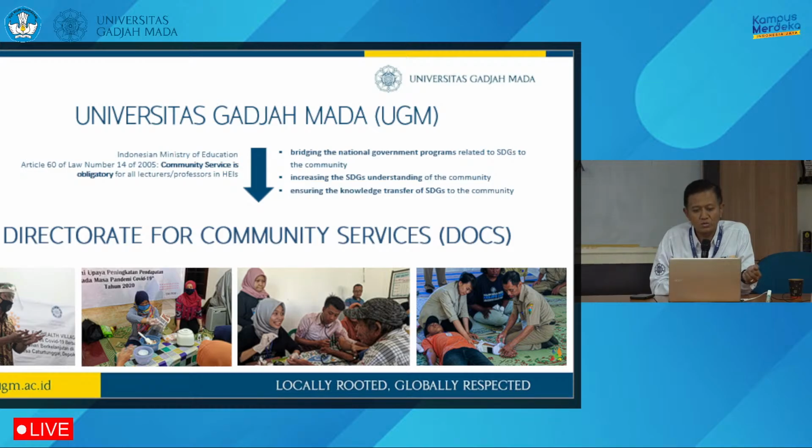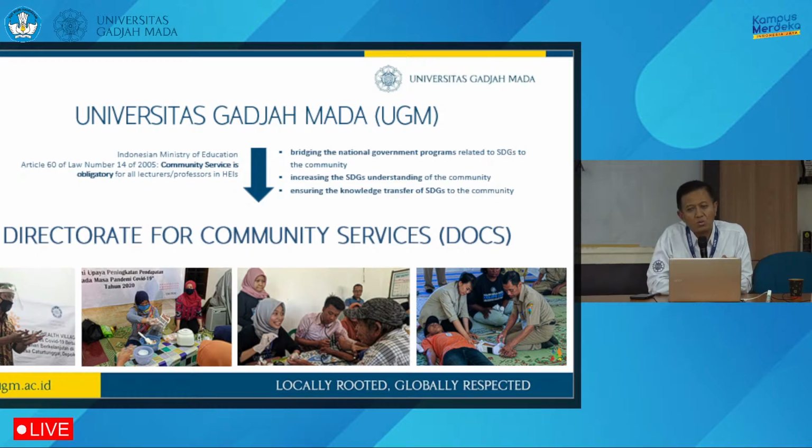We also have to ensure that the knowledge transferred into the community can be facilitated by our professors and our students. This is a very good option. Even at the Center for Innovation and Agro-Technology, a lot of community members come to learn something and gain some knowledge, because it's our obligation too.